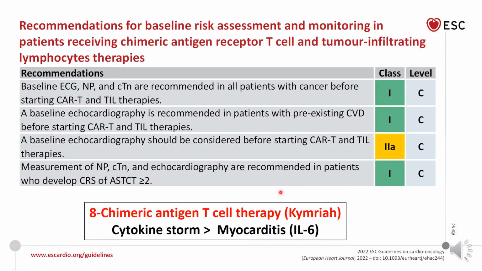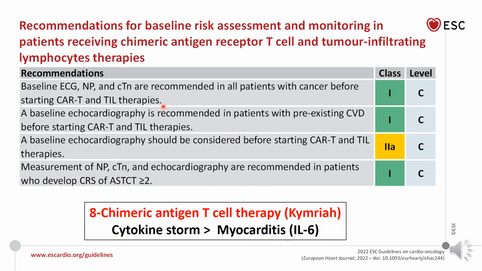Finally, another group of drugs, chimeric antigen receptor T-cell therapy, CAR-T. This also has a pathognomonic side effect, which is cytokine storm, causing myocarditis, which is mediated by interleukin 6.